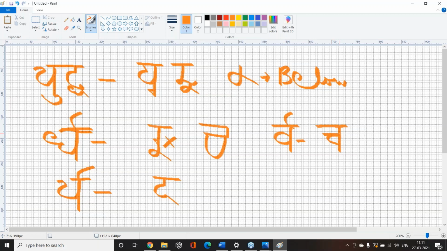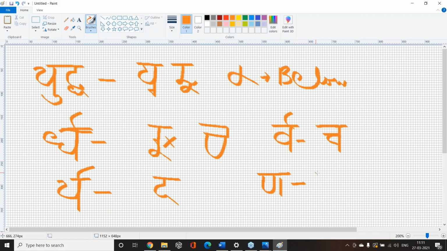So these four letters, including N, would follow this special rule. These formations, you will have to remember them, that these letters are written in a very special form.